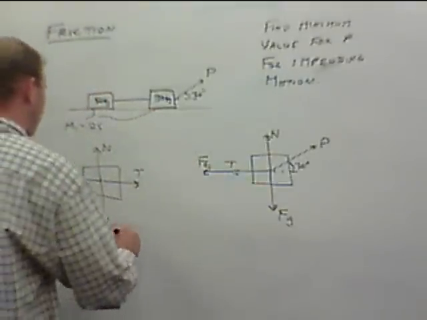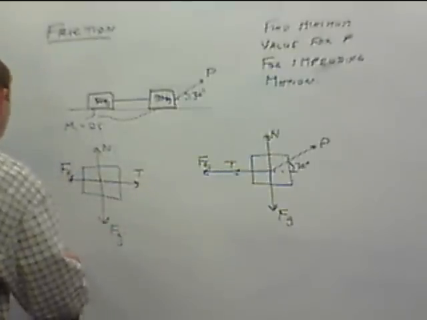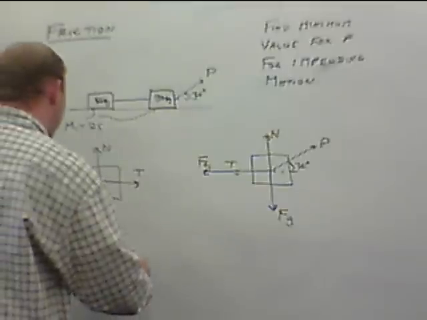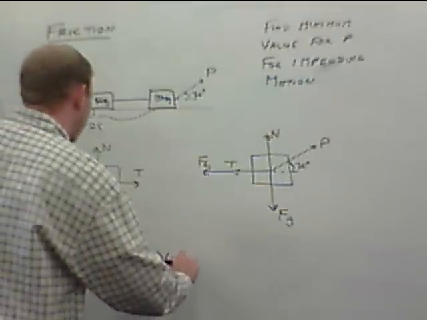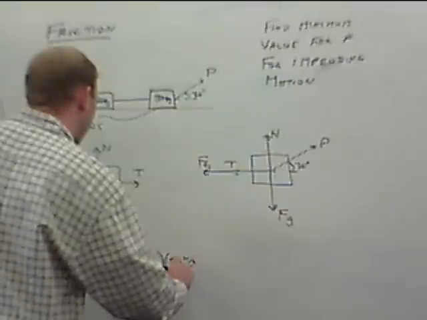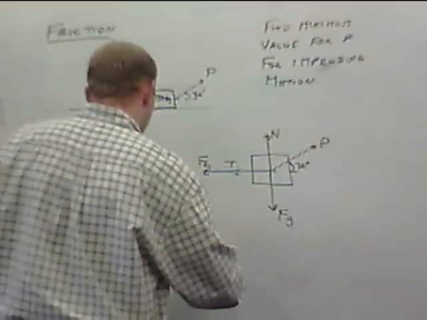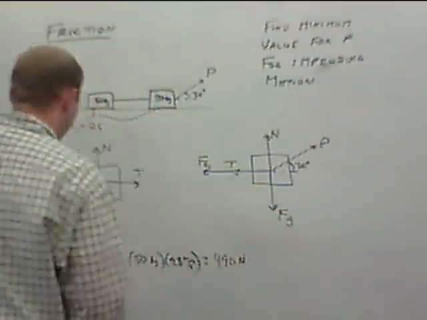This Fg is simply going to equal m times g, which is 50 kilograms times 9.8 meters per second squared, which is 490 newtons.